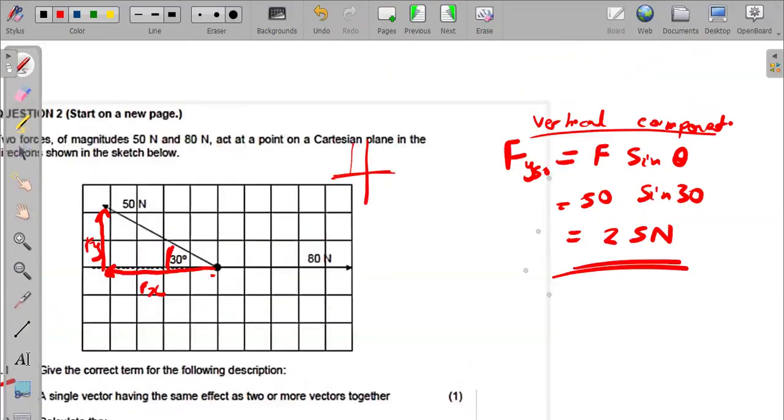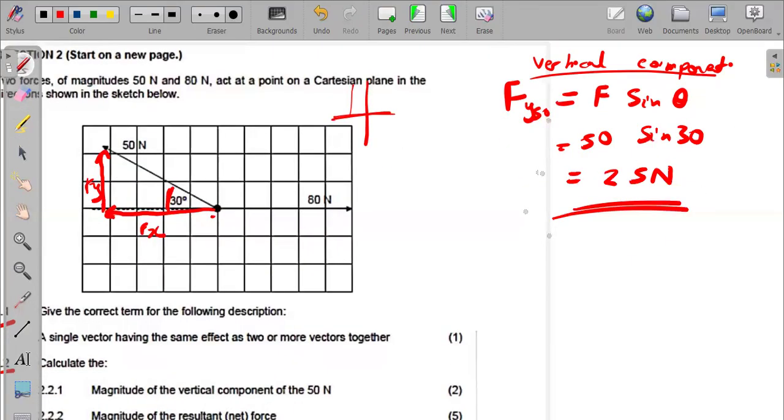Right. In order to find the resultant net force R, we need first the sum of the horizontal components. We call it Rx. We also want the vector sum of the vertical components, which is Ry. Then we add them vectorially using Pythagoras theorem.